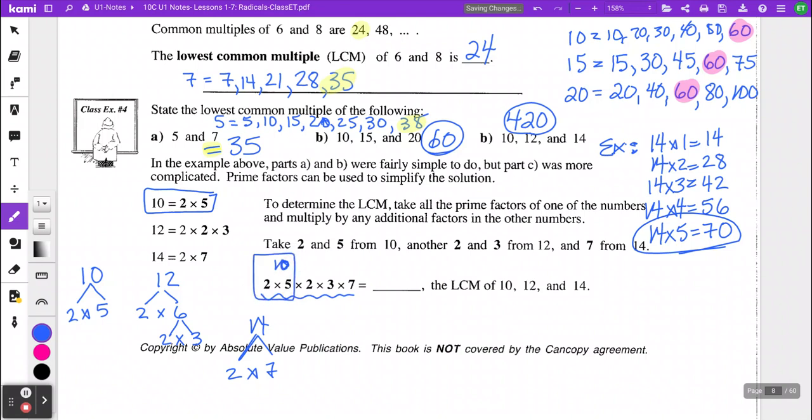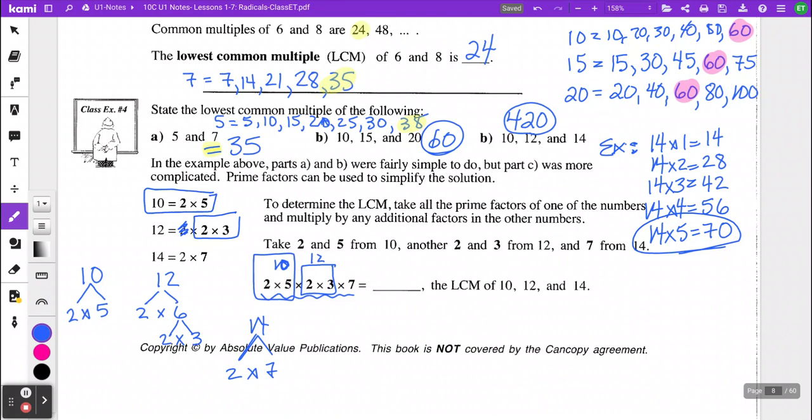Now I'm going to look at the number 12. 12 broke out into 2 times 2 times 3. Well, the number they have in common is a 2. I need to take the other different numbers. Well, the other different numbers are 2 and 3. So I had to use the numbers 2 and 3 from the number 12.